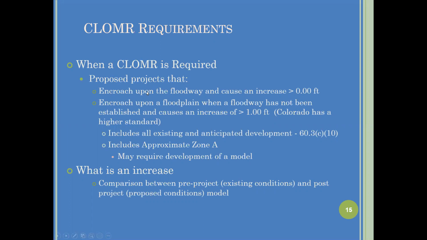But basically, any encroachment in the floodway that causes any kind of increase, then a CLOMR is required, or any encroachment where a floodway has not been established and causes an increase of greater than 1 foot. This slide mentions that Colorado has a higher standard, and that's 1/2 foot.